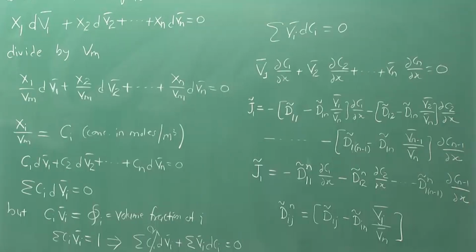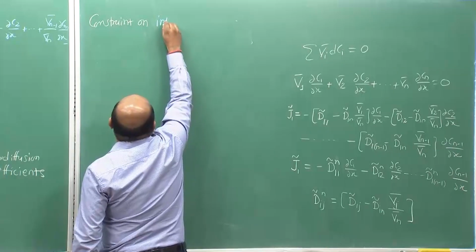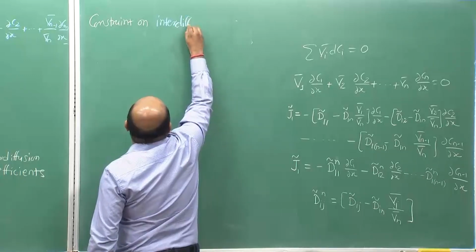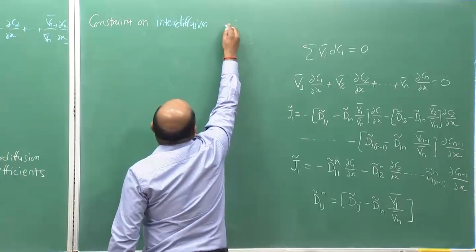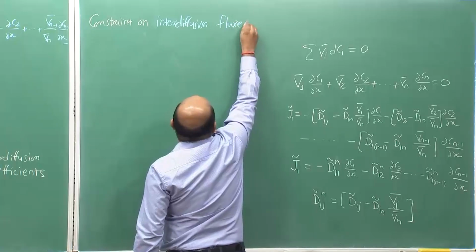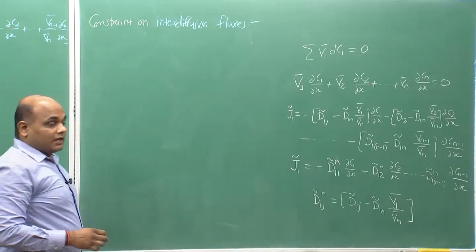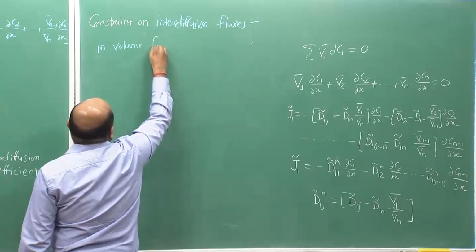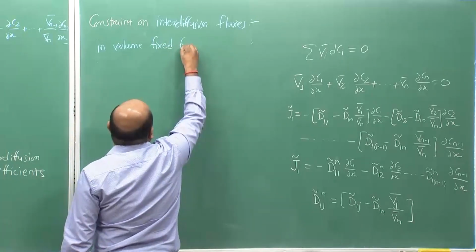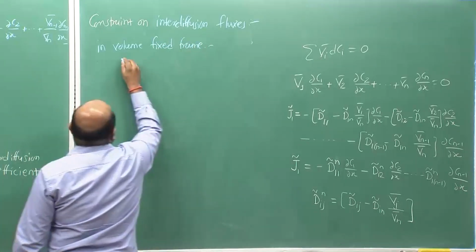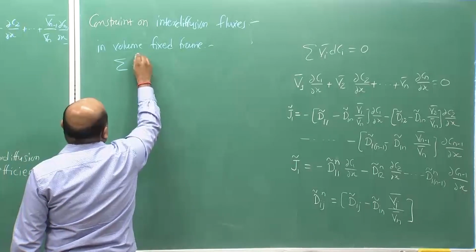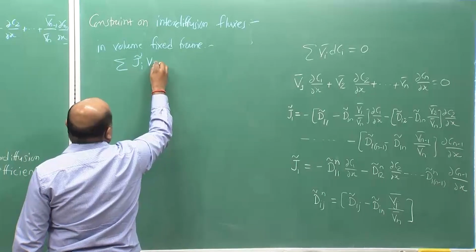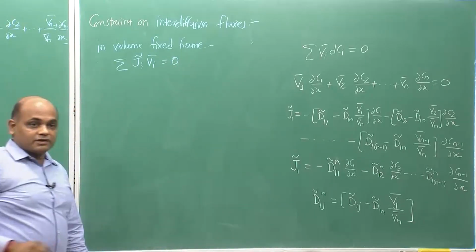Now, how many such fluxes are there? There is also a constraint on fluxes, and what is that constraint? The constraint on interdiffusion fluxes, if we use volume fixed frame, is sigma J_i~ V_i-bar should be equal to 0.